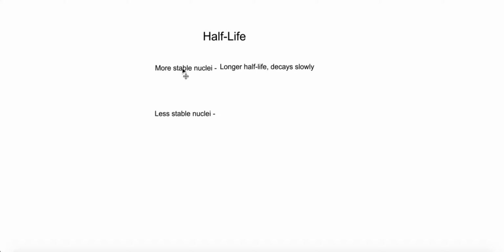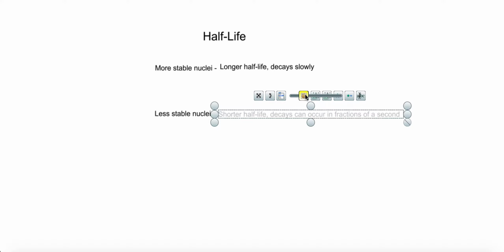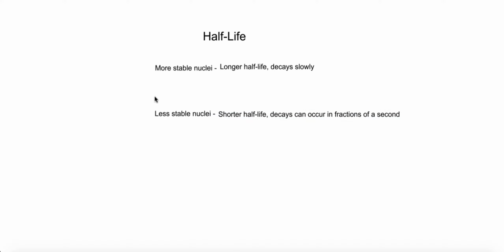While it's still radioactive and going to decay at some point, if that nucleus isn't prone to decaying as rapidly as the other, it is more stable. Now, for a nucleus that's less stable, that half-life is going to be short. It could even be fractions of a second because it is less stable, it is less likely to be held together as opposed to another radioactive nucleus that's comparably more stable.